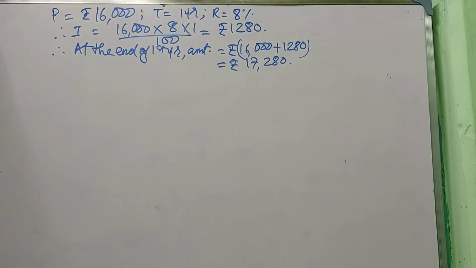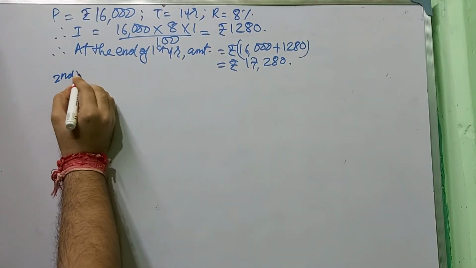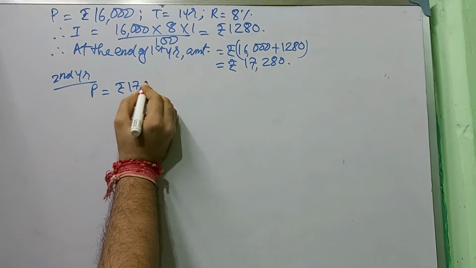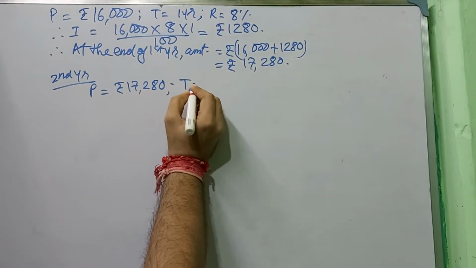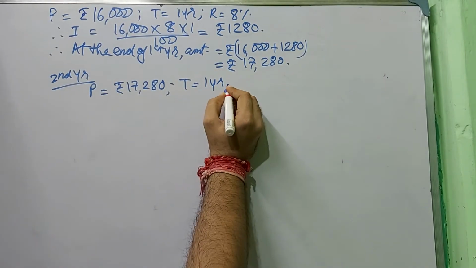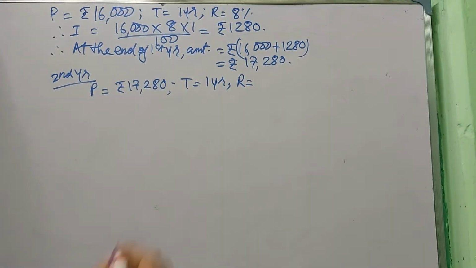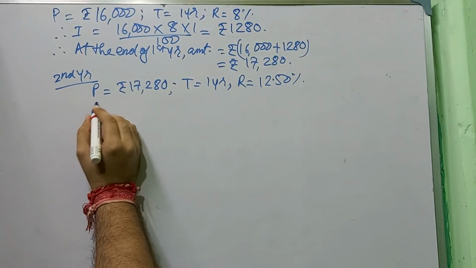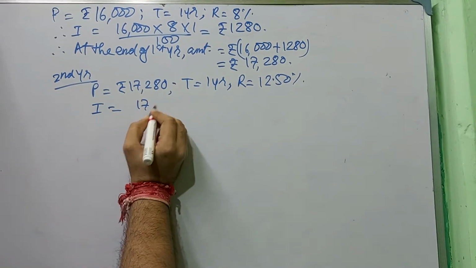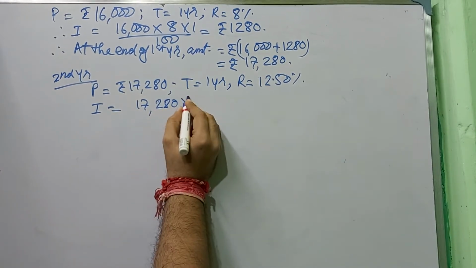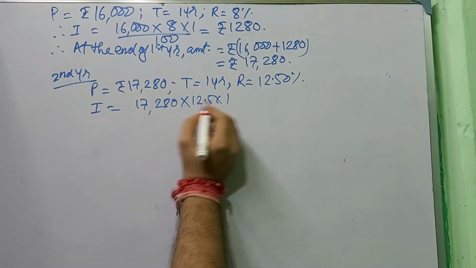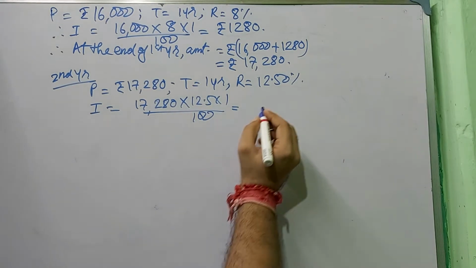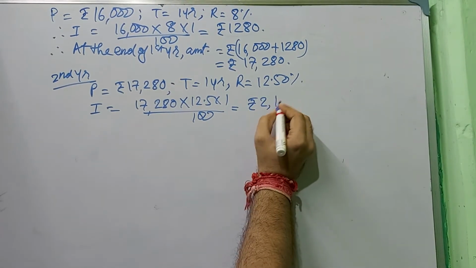Now for the second year, P will be rupees 17,280. T is 1 year. R has been given as 12.5%. So I is equal to 17,280 into 12.5 into 1 by 100. You will get the interest amount 2160.